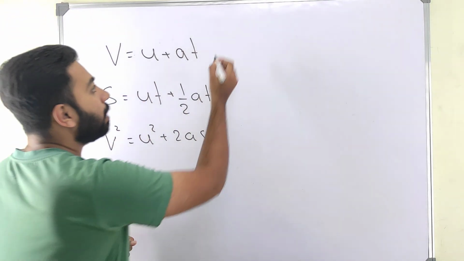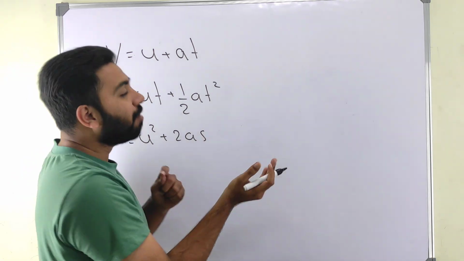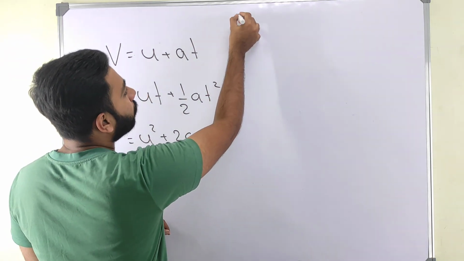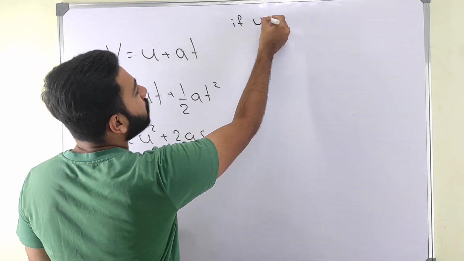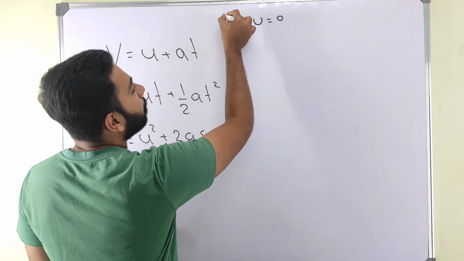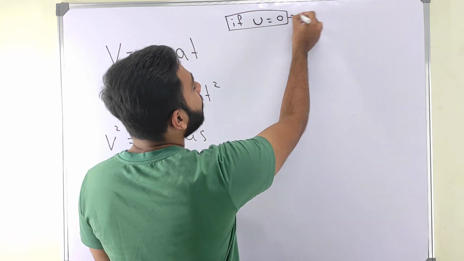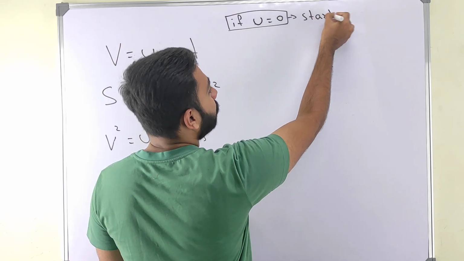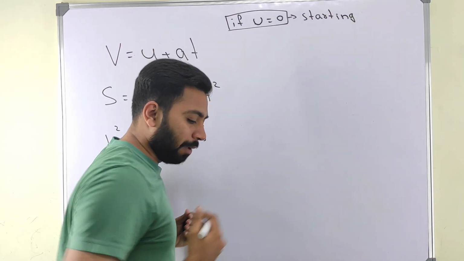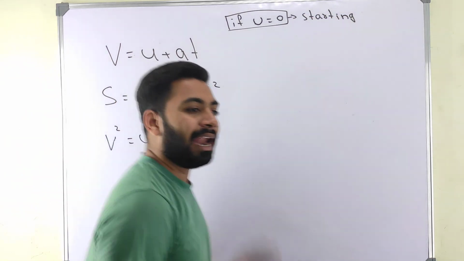Now, for example, my body's initial velocity is 0. If u is equal to 0, what does it mean? My body is starting, or I can say it is starting from rest. Both are the same. My initial velocity is 0 and I am running.